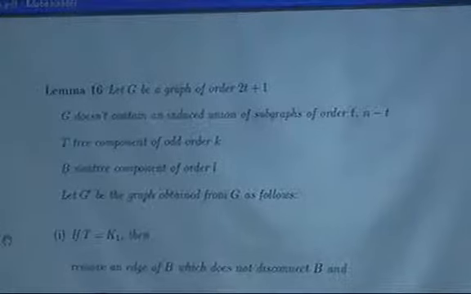When you have a 3 component of odd order, you do use this kind of transformations. So let's say that 3 component has order k, and you should have a non-3 component because otherwise your independence number is too big. So you say that B is a non-3 component of order L. And then the transformation goes like that. If T is K1, then you remove an edge of B which does not disconnect B and insert an edge joining T and that new component B minus 1 edge.